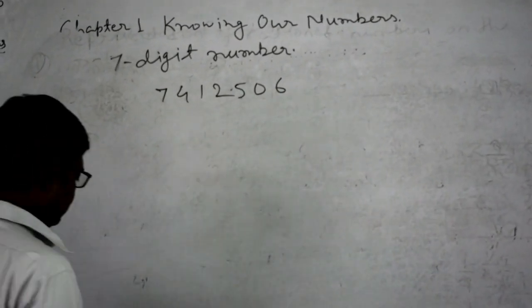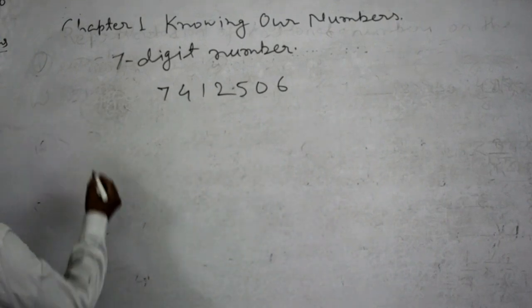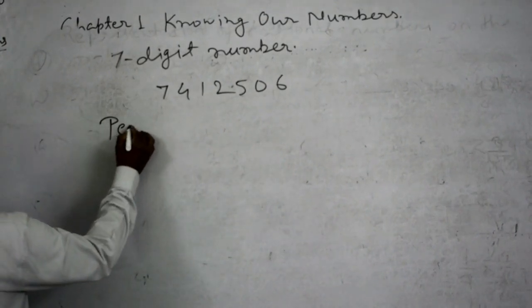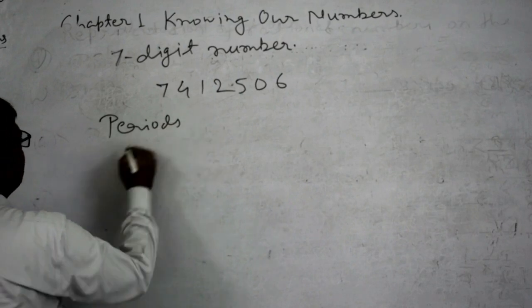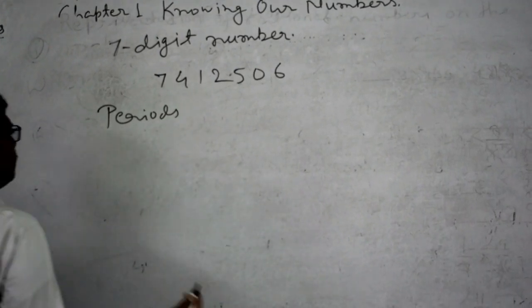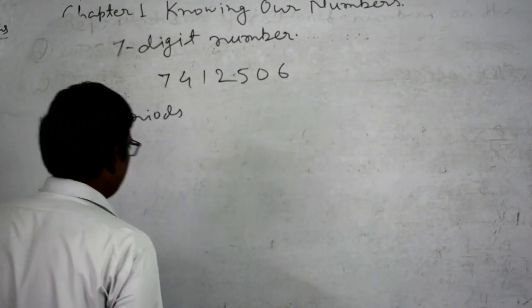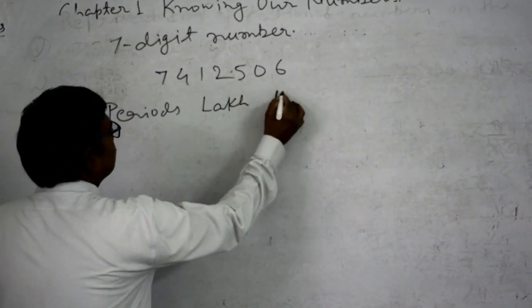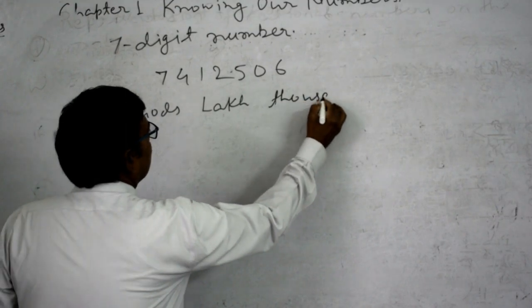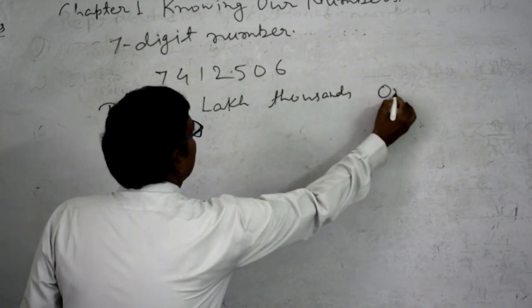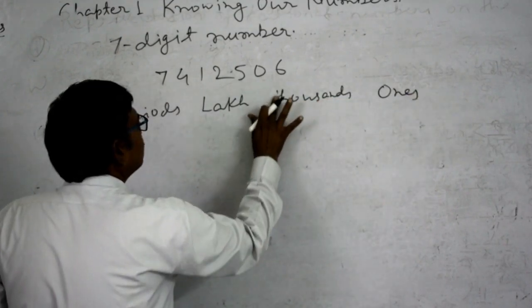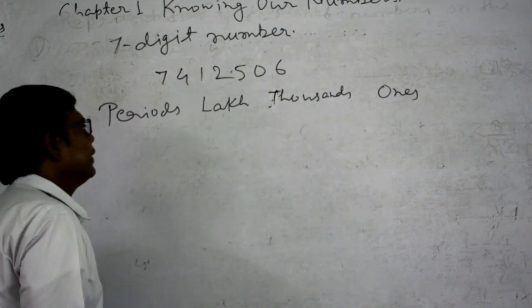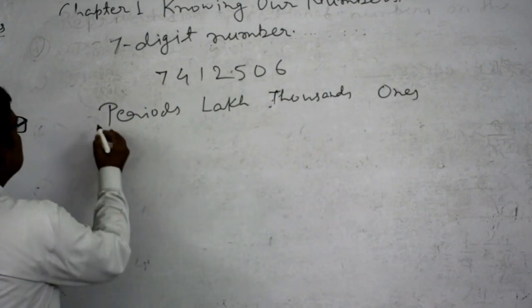Here you write the periods. In this case you have the lakhs, thousands and ones. Okay, so lakhs, thousands and ones, these are the periods.